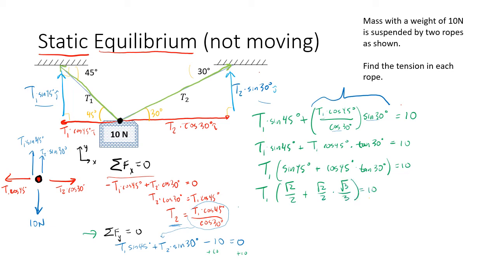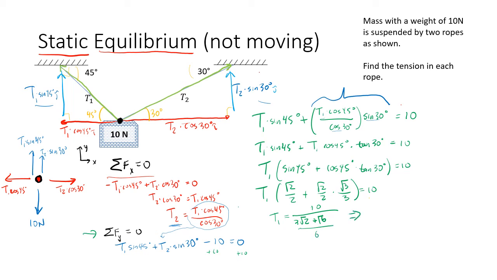Then we would divide both sides by this garbage here. So T1 is equal to 10 divided by something like 3 root 2 plus the square root of 6, divided by 6, something like that.